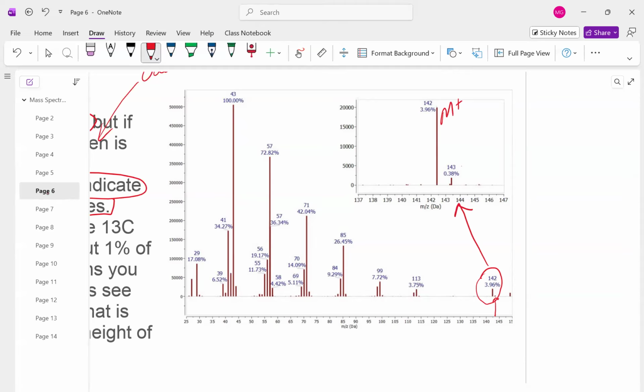But why are we seeing this, what we call an M+1 peak here? If you have that very small M+1 peak, about 1% of the height, that is due to there being carbon 13 present in the compound.